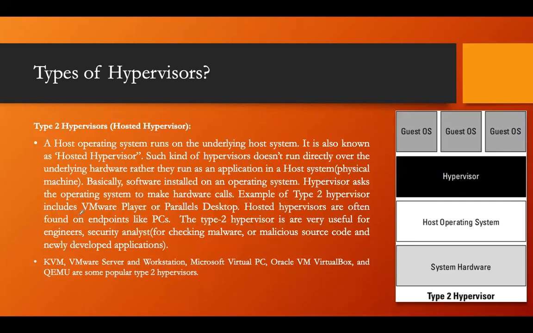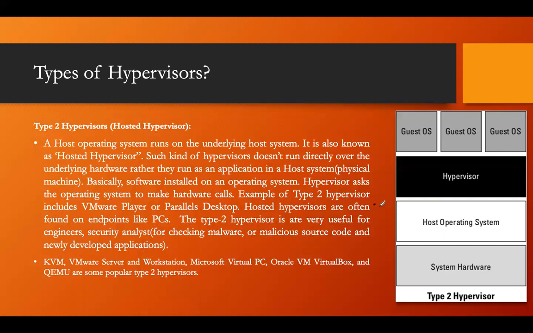Examples of type 2 hypervisor include VMware Player or Parallels Desktop. Hosted hypervisors are often found in endpoints like PCs. The type 2 hypervisor is very useful for engineers and security analysts for checking malware or malicious source code and newly developed applications.